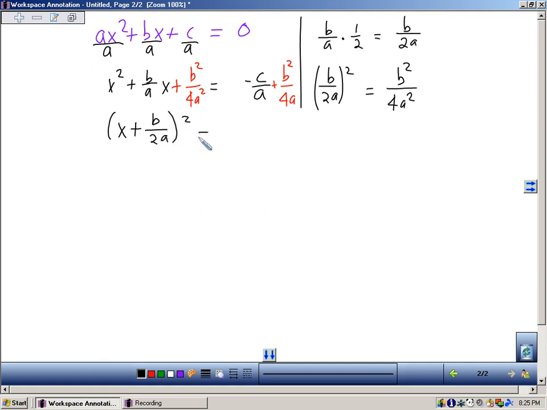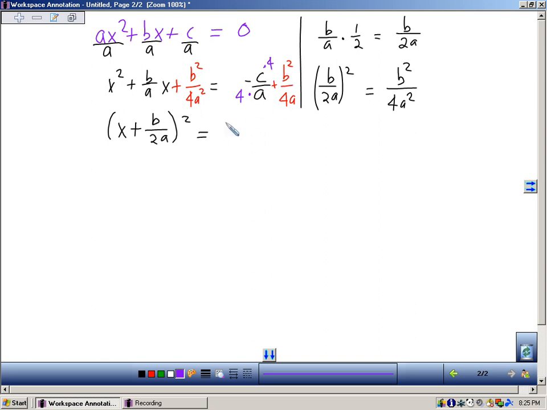And that's going to equal, now here I want you to pay attention, this negative c over a. 4a is the common denominator, so I would have to multiply the numerator and denominator by 4. So this becomes negative 4c over 4a plus b squared over 4a.